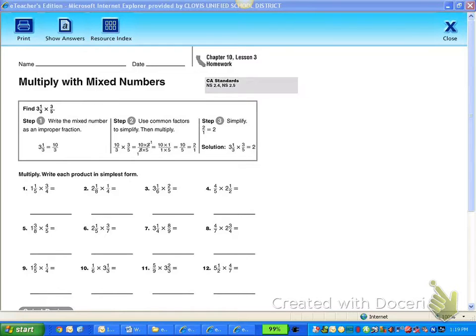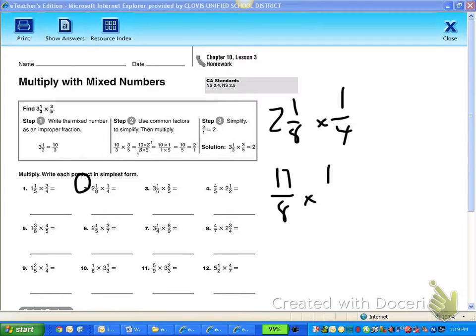Okay, here is their homework for tonight. Page, I'm not sure what page it is. I believe it's page 91. So let's try number 2. 2 1/8 times 1/4. 8 times 2 is 16, plus 1 is 17 over 8 times 1/4. 17 times 1 is 17, and 8 times 4 is 32.